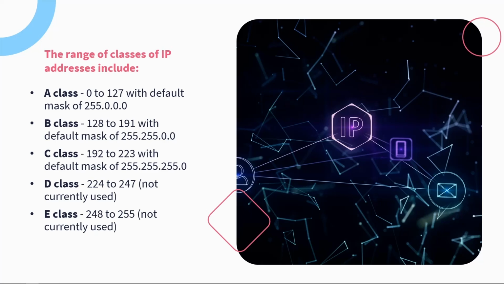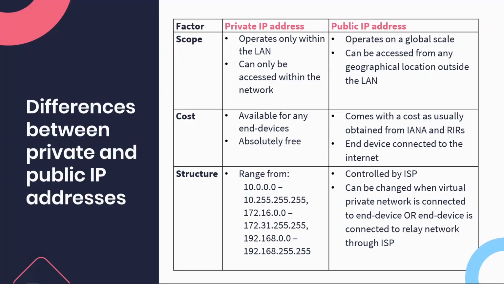C class is 192 to 223 with default mask of 255.255.255.0. And D class is 224 to 247, not currently used. And E class is 248 to 255, also not currently used. You will also find this table in the summary notes for this lesson, or you could snap a screenshot of it and save it to look at it more closely later.